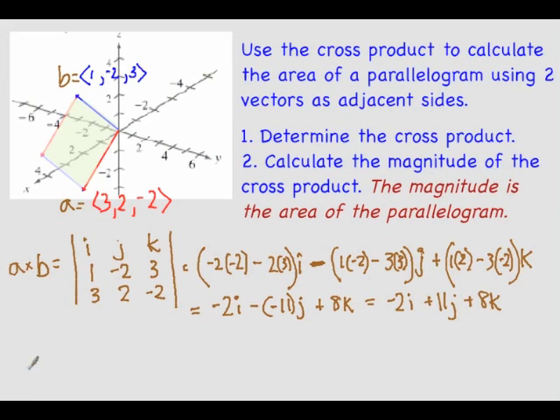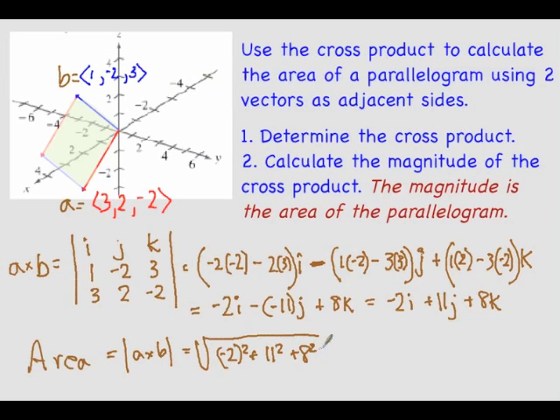Now, to find the area, we're going to find the magnitude of that cross product. And remember, that's the easy part. Again, negative number put in brackets, please. -2 quantity squared plus 11 squared plus 8 squared. That gives us 4 plus 121, which is 125, plus 64, and I believe that is 189.